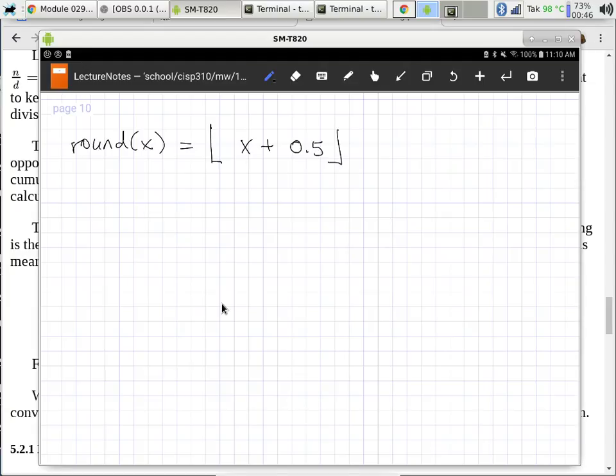The floor of 2 is 2. Okay, so it does round up correctly. So I think you're fairly convinced that this math does work out, okay? But it does involve the representation of 0.5. And if I only have integers, I cannot represent 0.5, right? So it sounds like we have a problem.